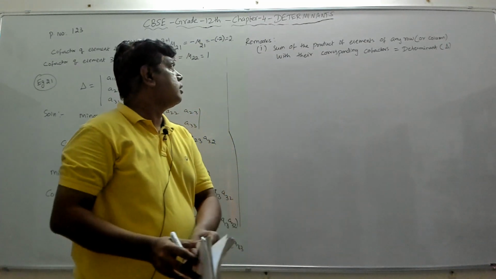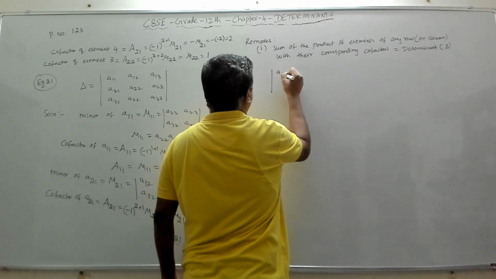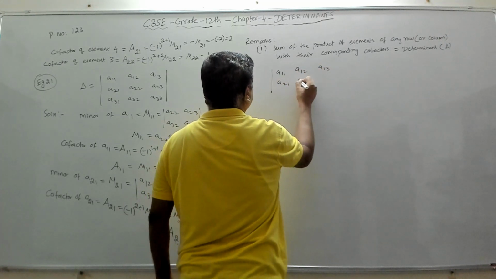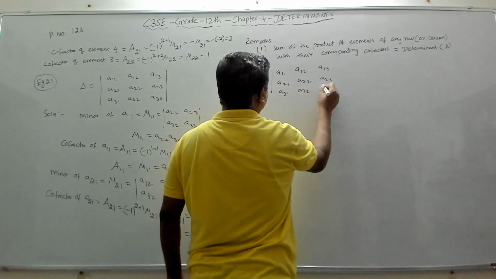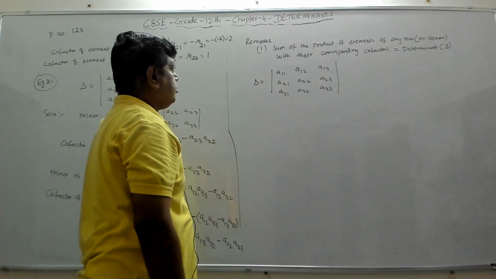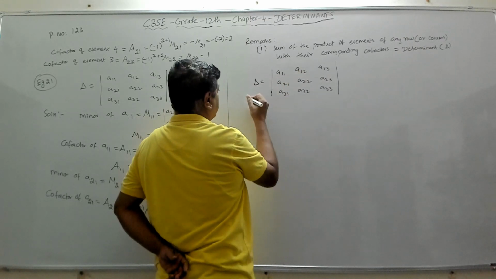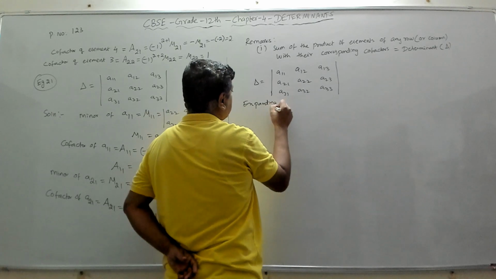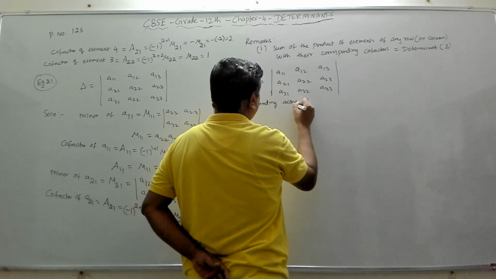So what it means is, suppose you have A11, A12, A13, then A21, A22, A23, A31, A32, A33. Suppose this is delta. Now suppose you try to expand this determinant along row 1, R1.